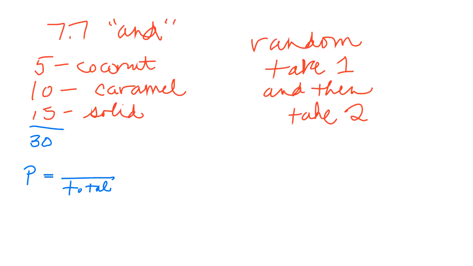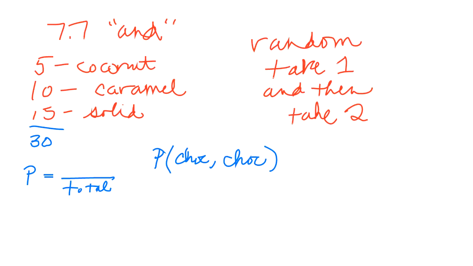Okay, so what is the probability of me getting 2 chocolates in a row? How am I going to write that? I'm going to write chocolate, comma, chocolate. So what is the probability of me getting a chocolate, eating it, pulling another one out, and getting a solid chocolate the second time?